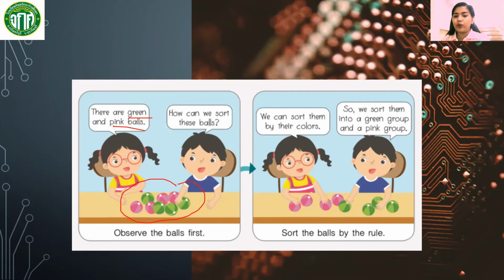We can sort them by their colors. So the girl and the boy are sorting the balls according to their colors. We sort them into a green group and a pink group. Again, they sort the balls according to their color.